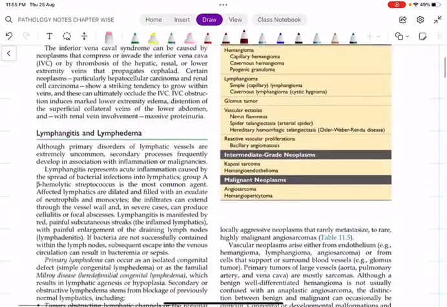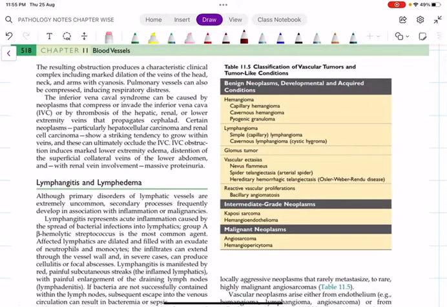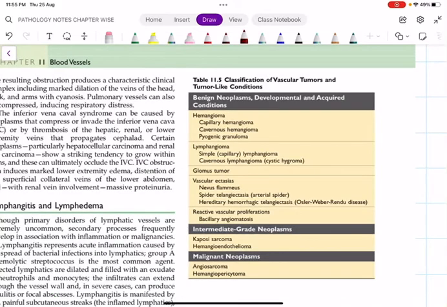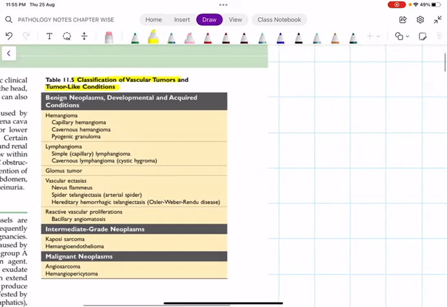Fine. Before going into the topic proper, let us see the classification of vascular tumors and tumor-like conditions. Remember, we are going to classify them into benign, intermediate, finally malignant.